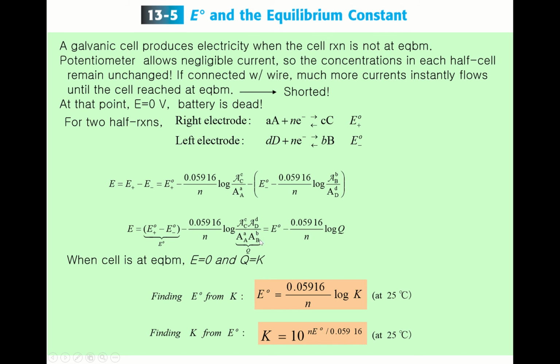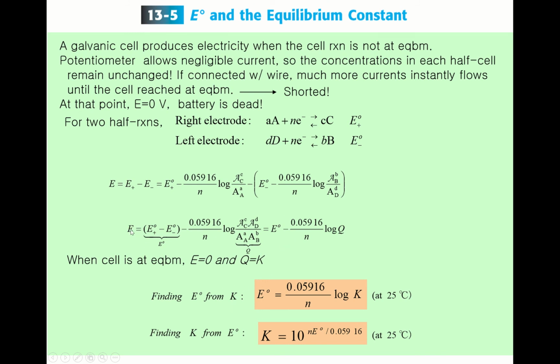Let's call this Q, the reaction quotient. When the cell is at equilibrium, Q becomes K, the equilibrium constant, and the cell potential becomes zero.